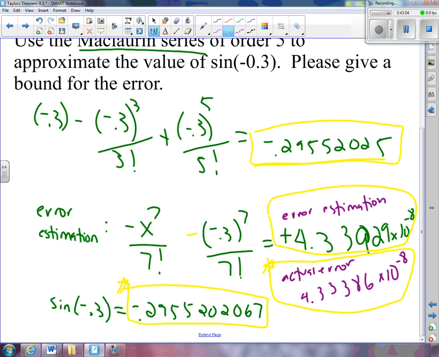So whatever number I plug in, if I use the first three terms, I'm always going to have an over or an underestimation. My error will be a negative thing. This only came out positive because I plugged in a negative. If I plugged in a positive, it would have come out negative, because it's on the other side.